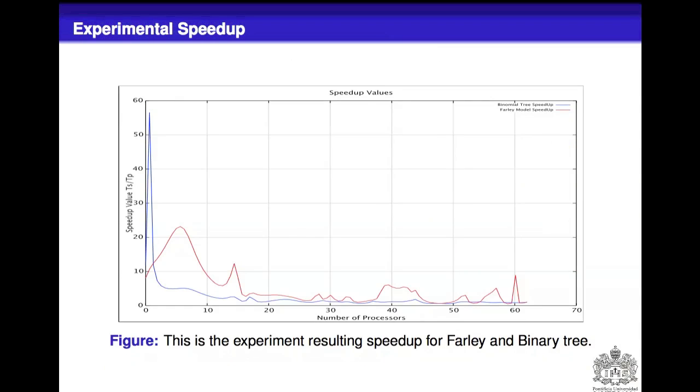Okay, following this, you could measure the possible speedup taking into account the 2 models, the Farley model and the binary tree model. As you can see, the Farley model could be extended further than the binary tree one, because the binary tree one, in terms of the stochastic values, represents the worst case, and the Farley model could be analyzed with a larger quantity of processors.